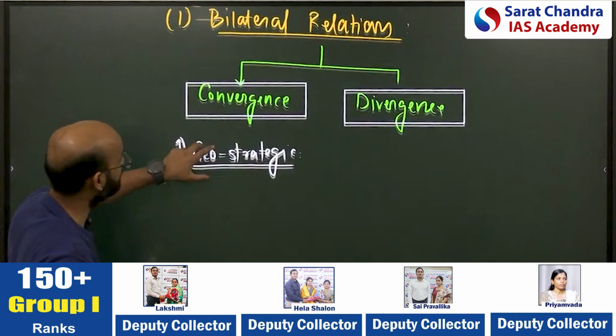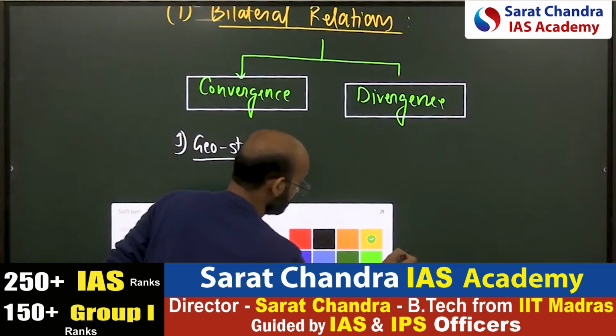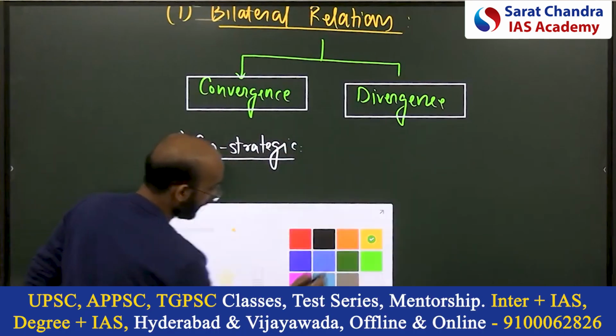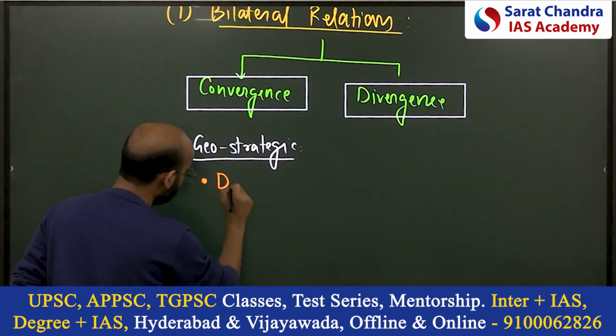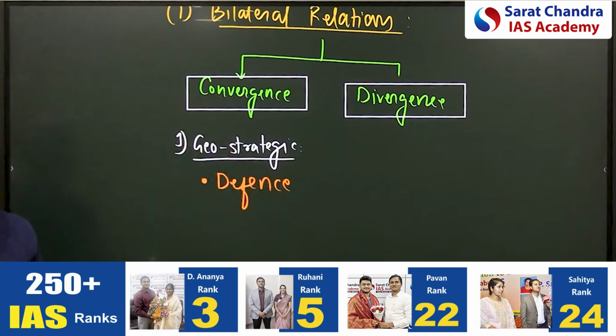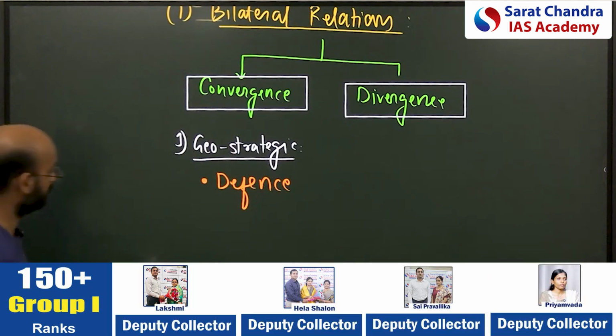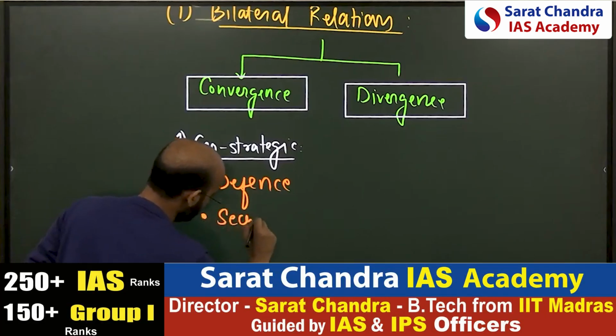So geostrategic, we have to see from the strategic point of view. Whenever this word strategic is coming, the first point you have to bring here is the defense relations. You have to think of the defense relationship between the two countries. Okay, that's the most important thing. The second thing in the strategic relation is security.